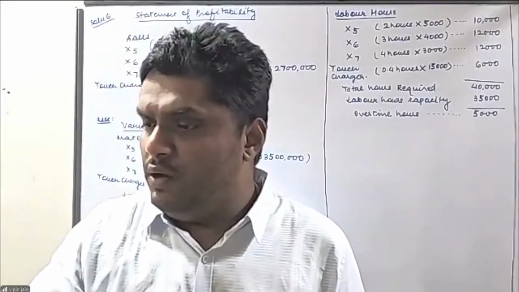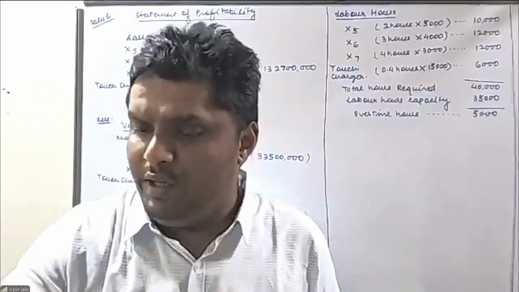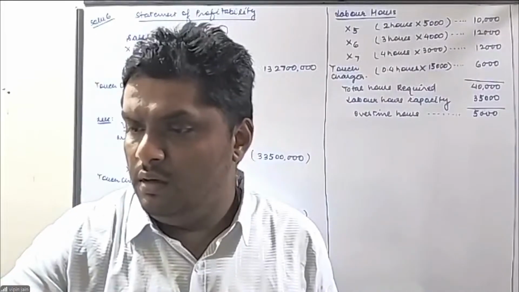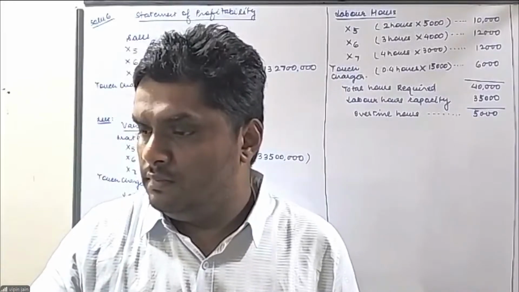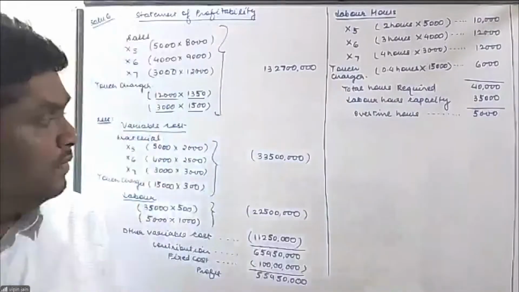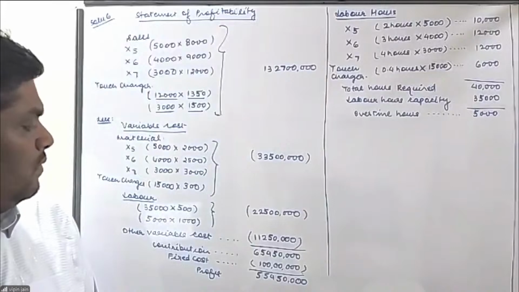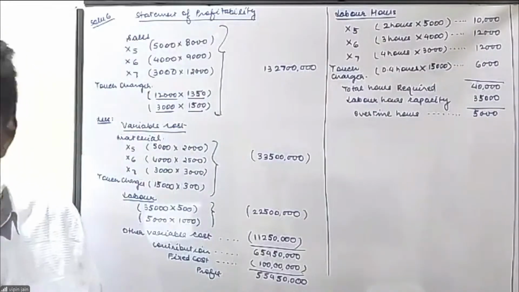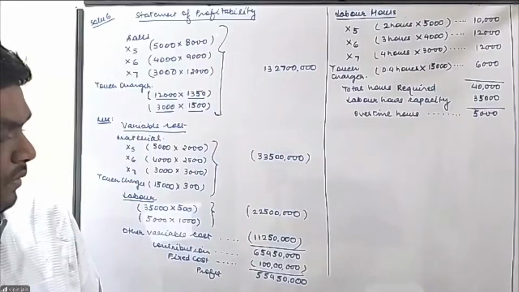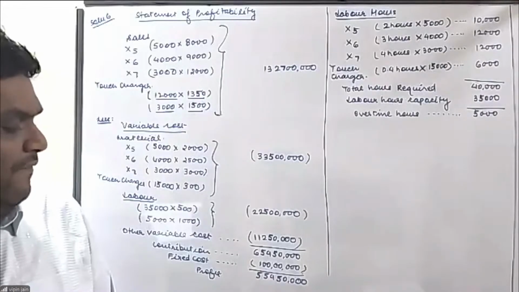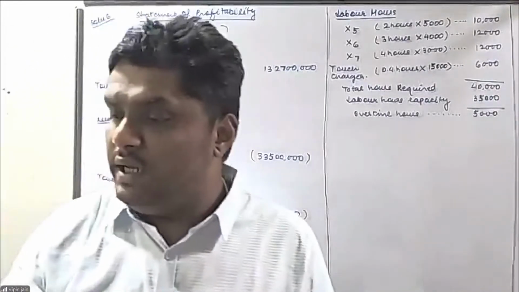Anyone else with any doubts or queries? Sabah, hopefully your query is resolved. It is 5 crore 54 lakh 50,000, Ankit Mishra.